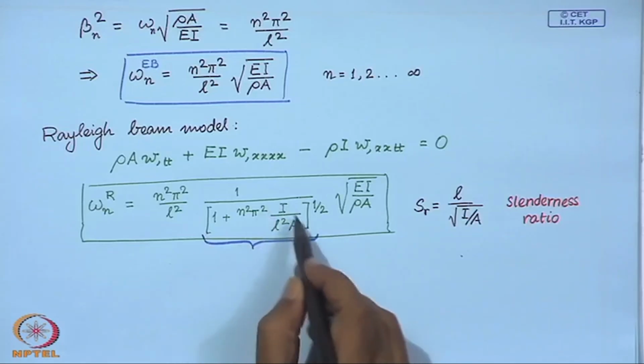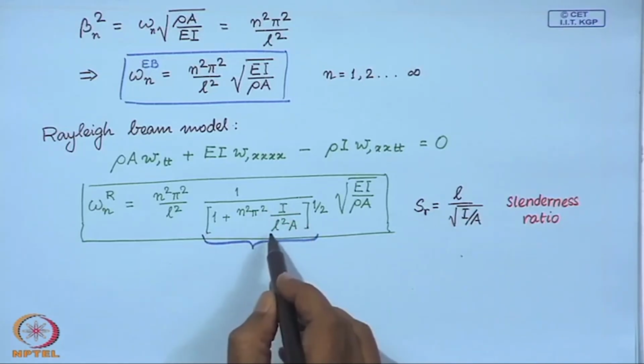Now, the square of this appears in the denominator of this term.